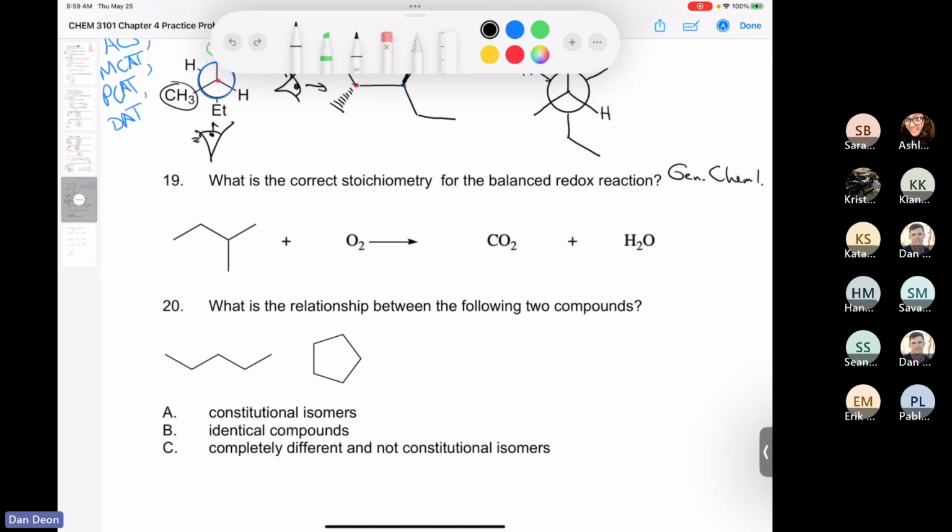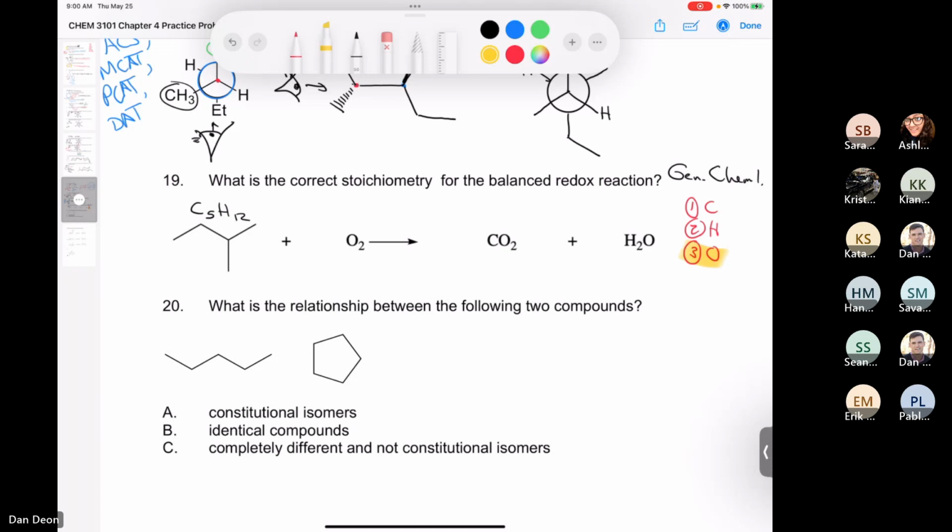It's a saturated hydrocarbon, so it must be C5H12, plus O2 gives you CO2 plus water. So when you're balancing a combustion reaction, here's the order. You always do carbon first, hydrogen second, and you always, 100% of the time, no exceptions, save oxygen for the last.